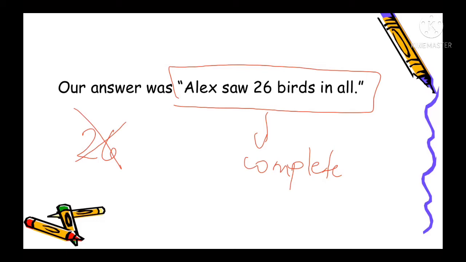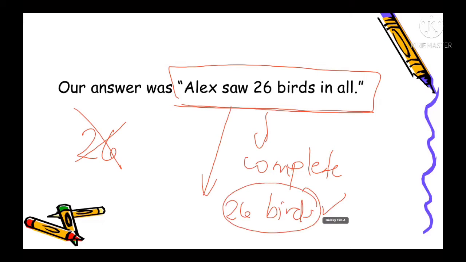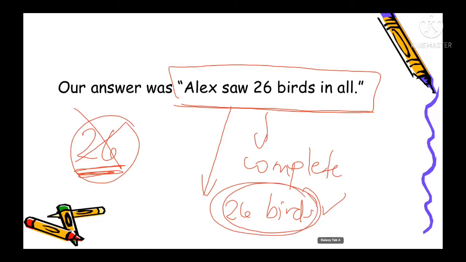If you wrote 26 birds, then this is also correct. But not 26, because there is no label here. What is that 26? So we need to find the word or the phrase that we will put on the side of the number. Did you understand? So those are our 4 steps.